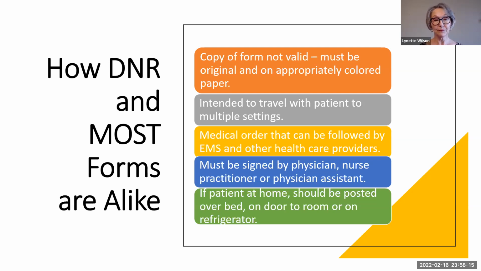I think it's particularly important and helpful to make sure there is a MOST form for anyone who's in a facility, whether that be someone who's going to reside there or who might be there for rehab but fits the criteria for that not being surprised if death occurs within the next year.